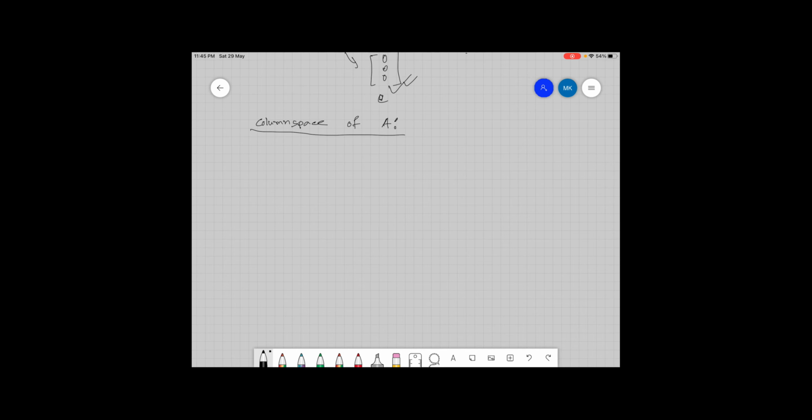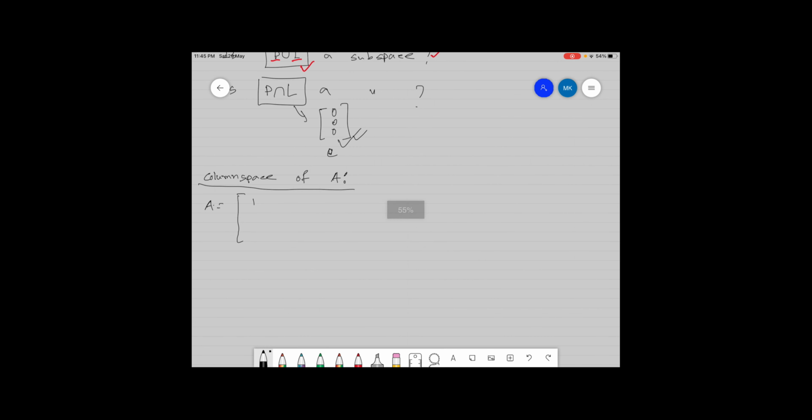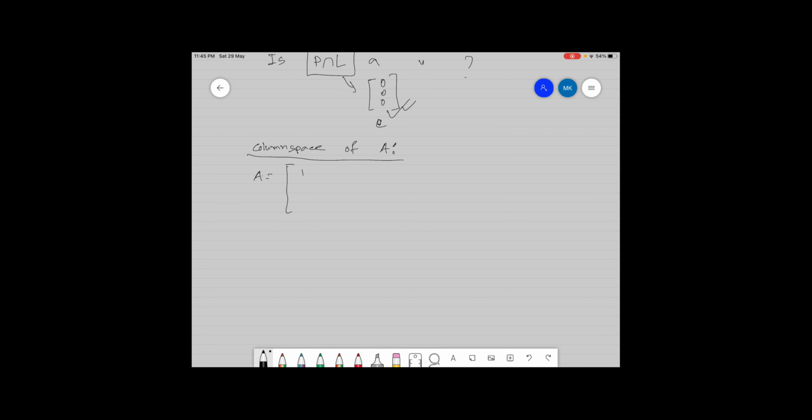So let's say we have an example matrix: 1 2 3 4, 1 1 1 1, and then 2 3 4 5.